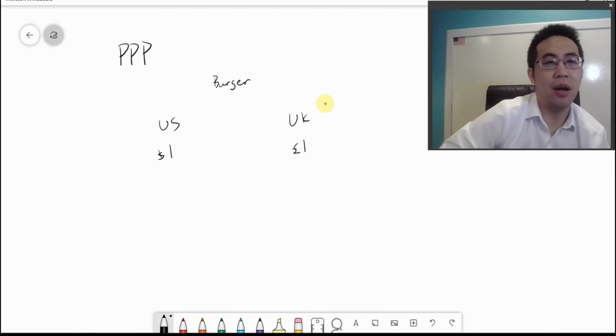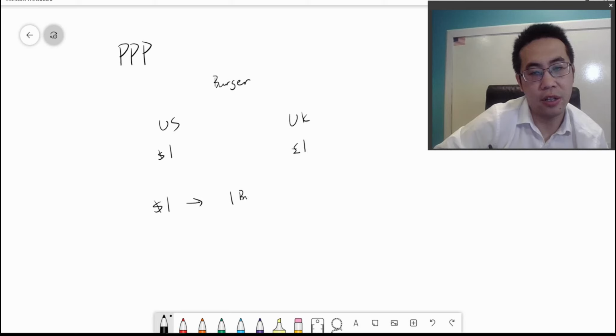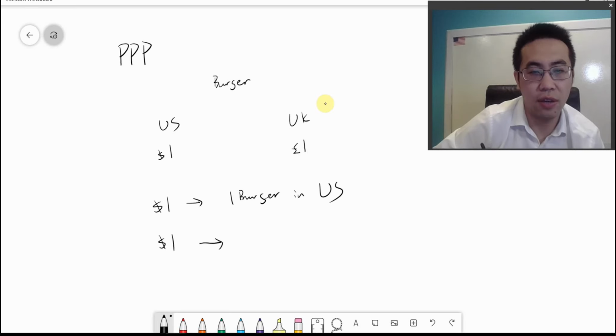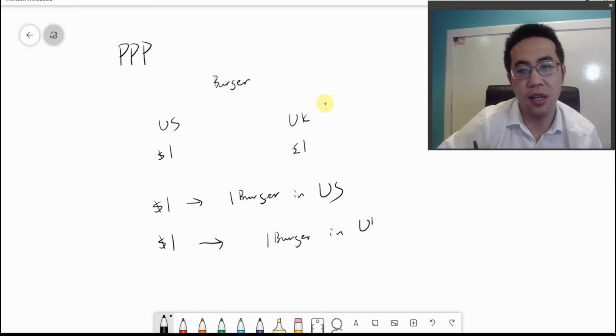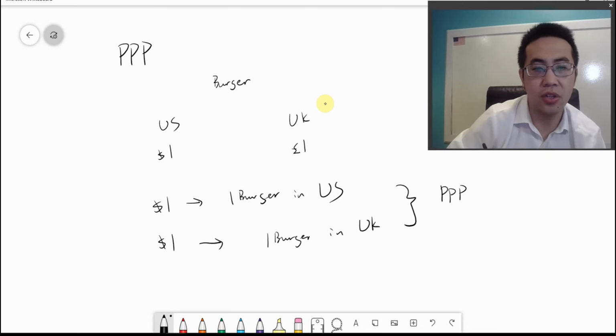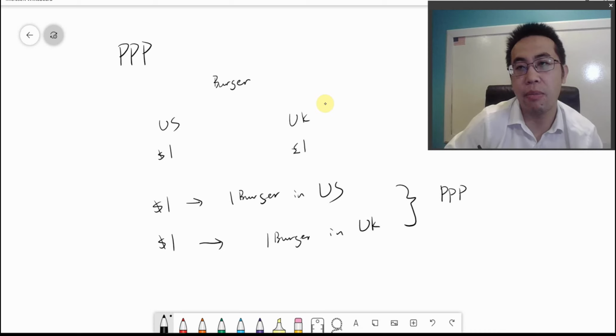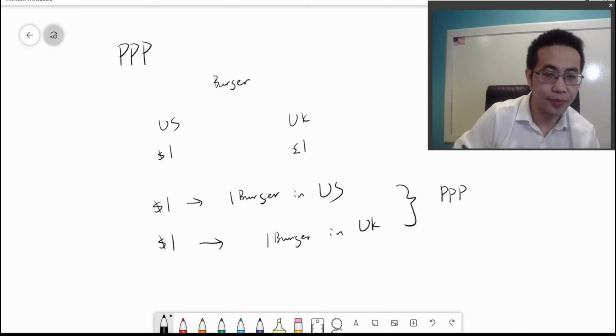Under purchasing power parity, $1 can give us one burger in the US, and it should give us one burger in the UK. That's the essence of purchasing power parity. So $1 should have the same purchasing power in the UK as in the US when we're buying the same product, which is a burger here.